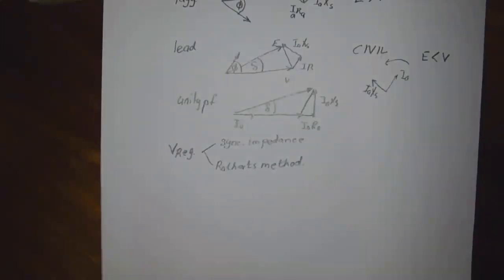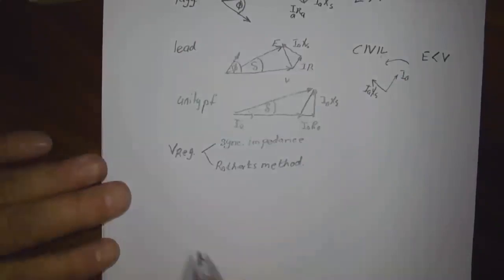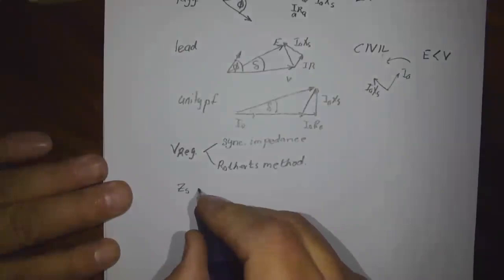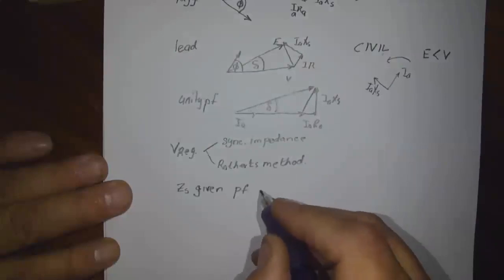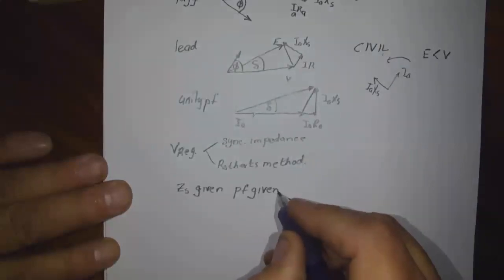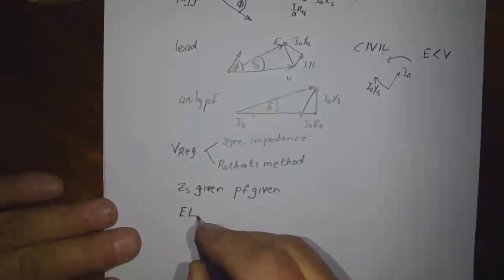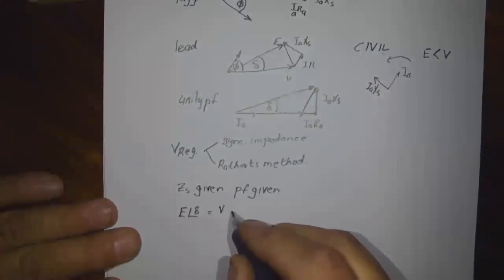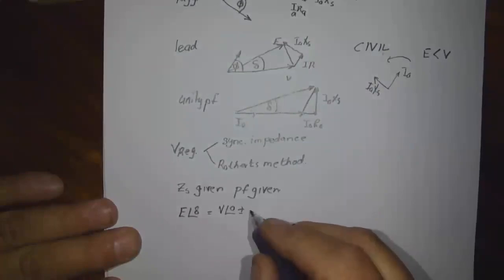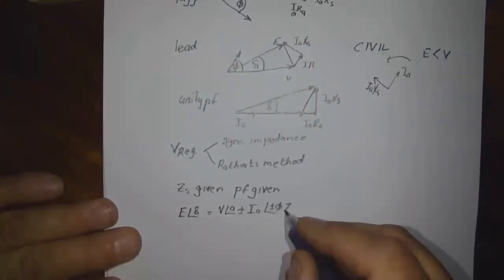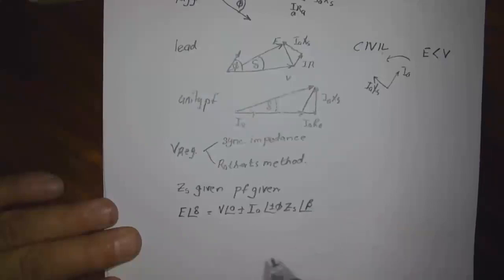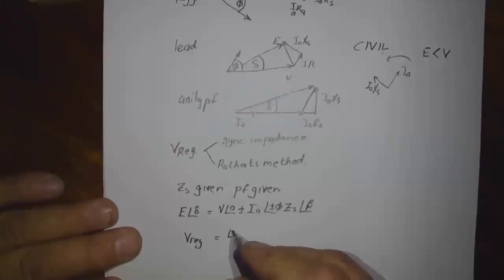Once ZS is given and the power factor is given, then we can say that E angle delta is V angle 0 plus or minus IA angle plus or minus phi times ZS angle beta. Then voltage regulation is equal to E minus V divided by V.